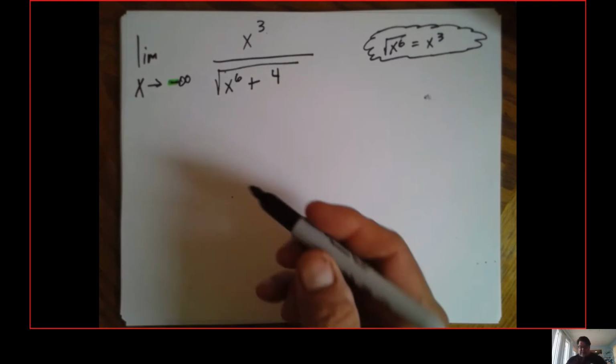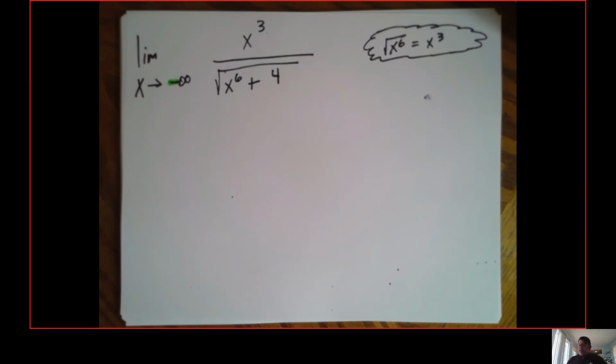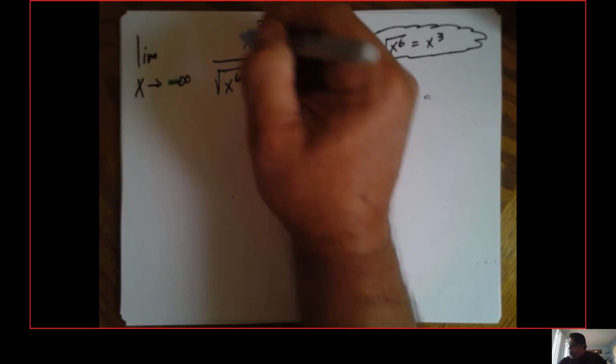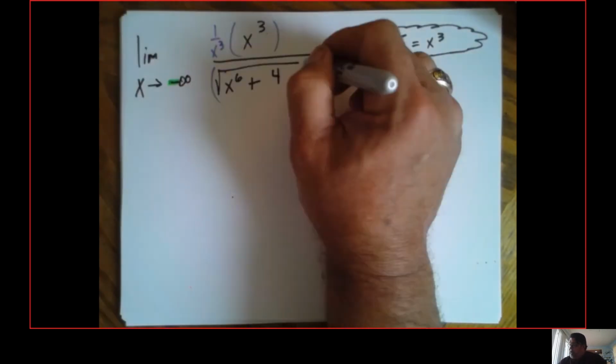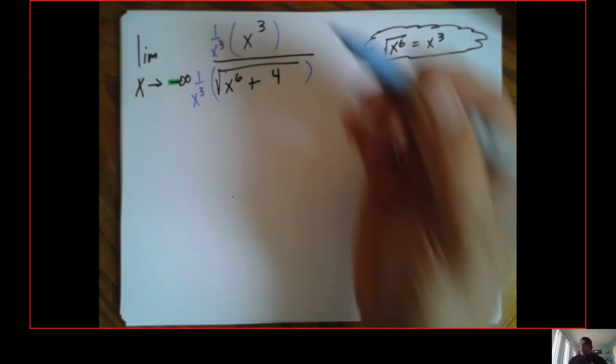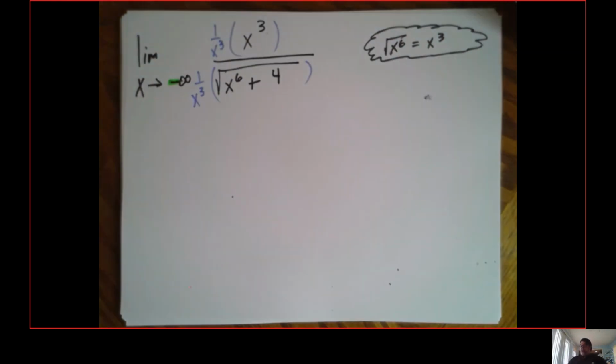So I'm going to multiply the top. I'm just going to put that step right here: 1 over x cubed and 1 over x cubed. Now, of course, I can't multiply the bottom, so I'm going to change 1 over x cubed into the square root of 1 over x to the 6th. So I'm going to rewrite everything. The top, I'm just going to get a 1.